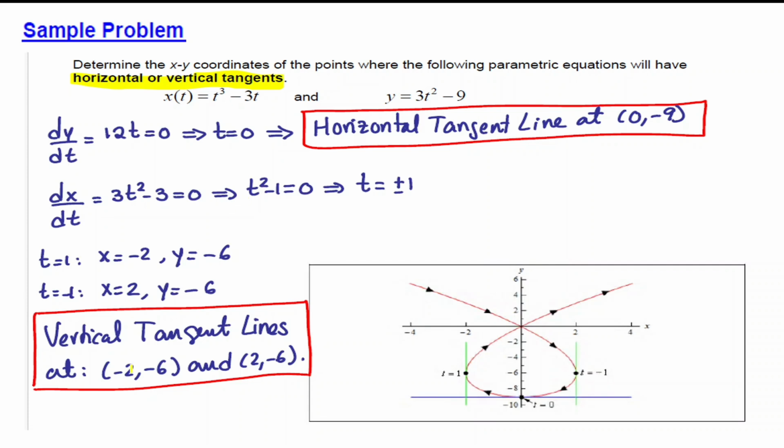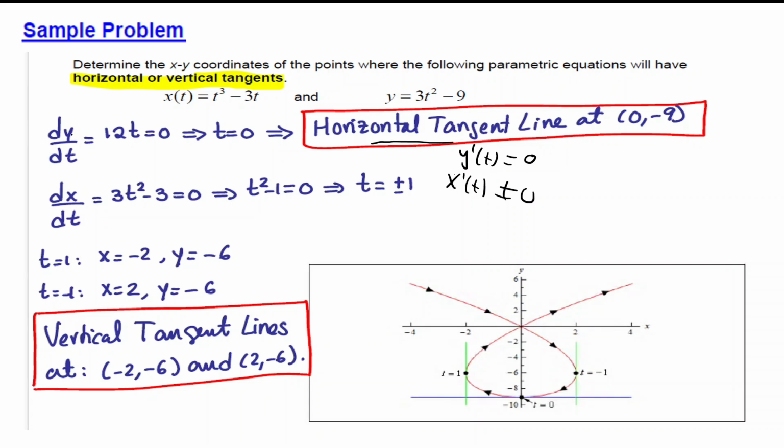The idea again: we have a horizontal tangent if y prime of t equals 0 and x prime of t does not equal 0. Okay, let's try.